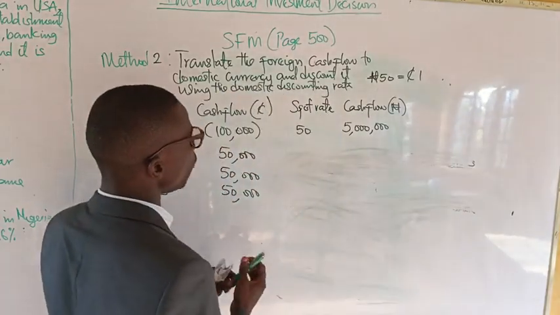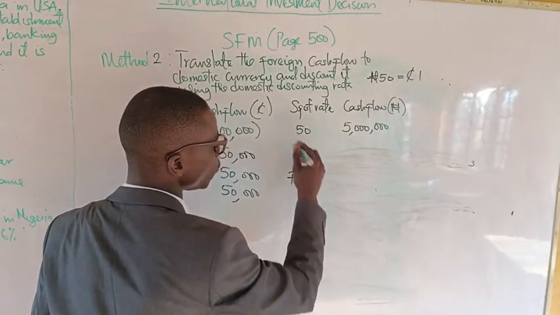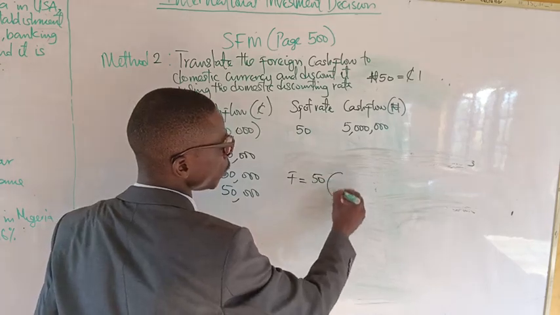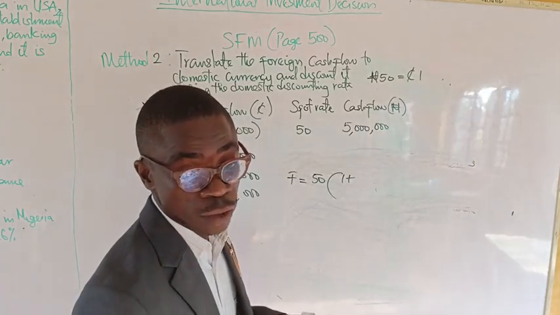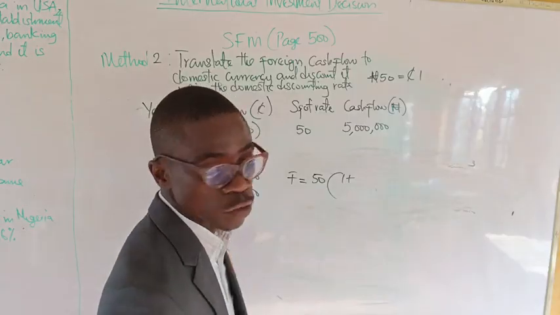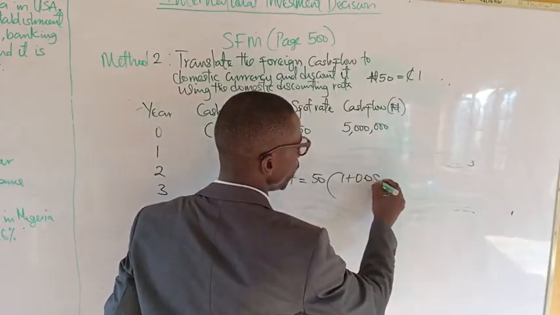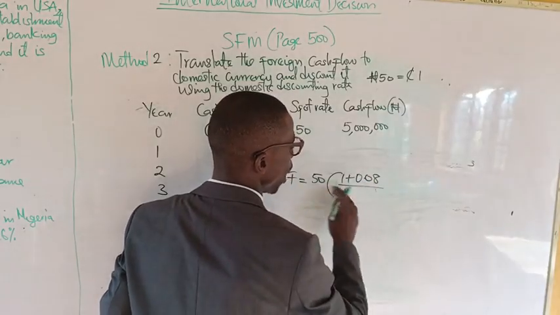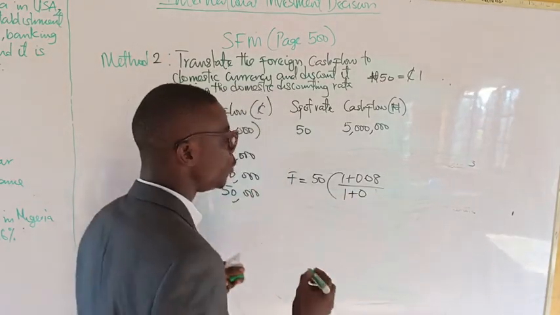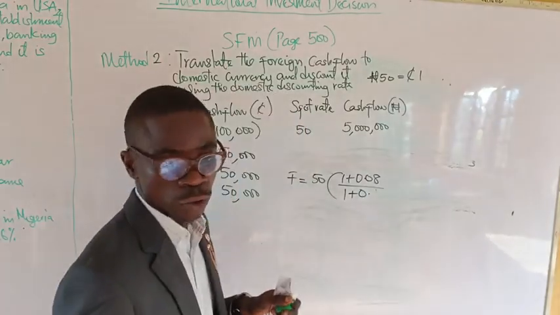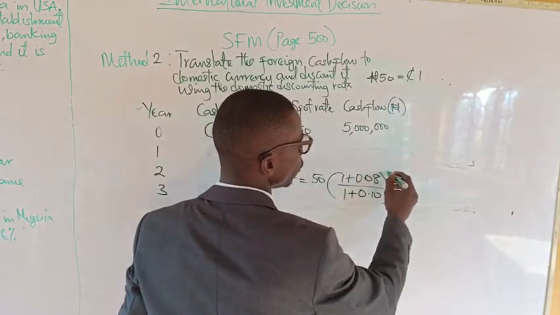So for year one, since we know the formula, let's predict the spot rate. The spot rate is 50 times 1 plus the domestic interest rate of 0.08, all over 1 plus the discounting rate of the foreign country, which is 0.10, raised to power 1.